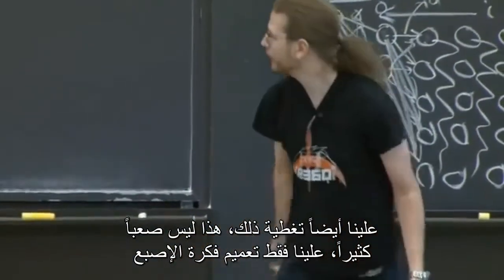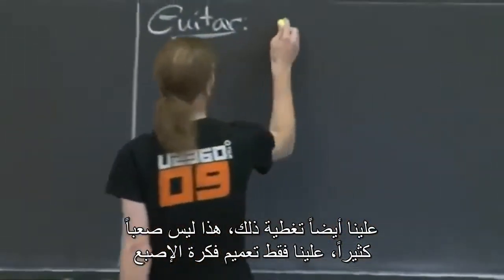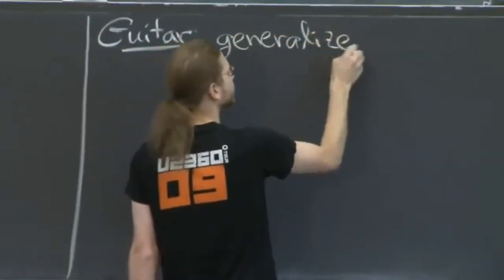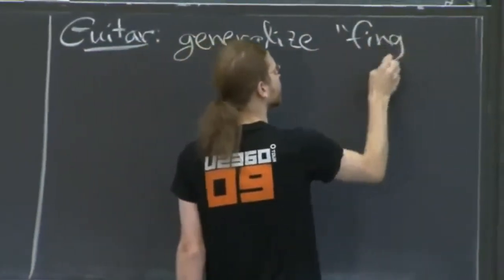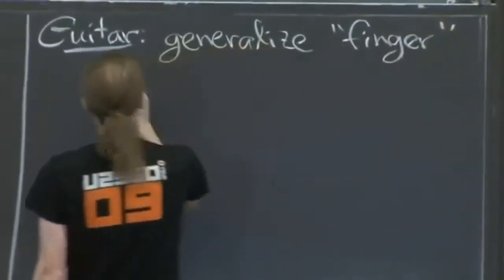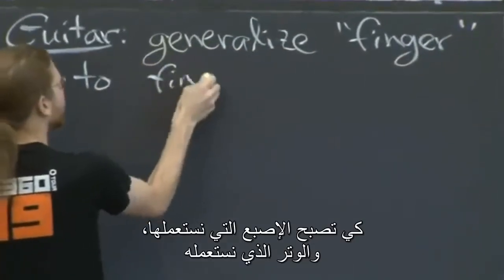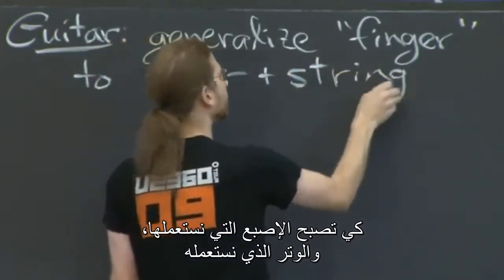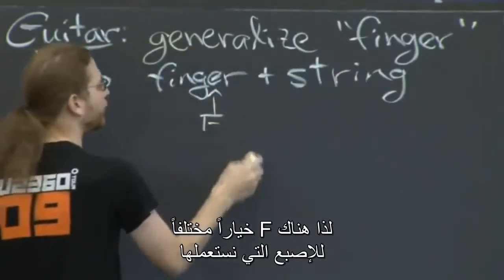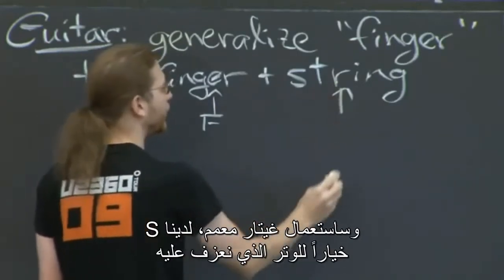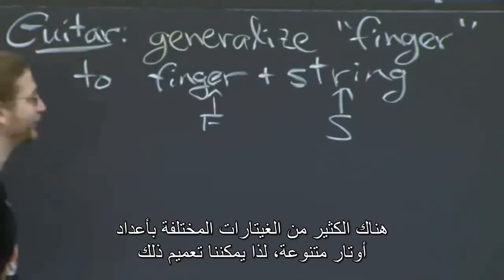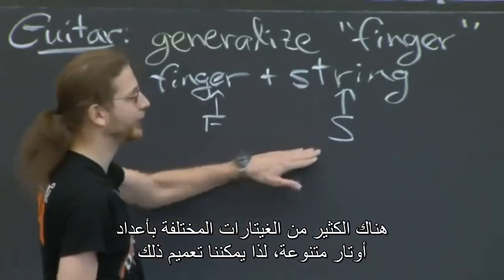That's actually not too hard. You just need to generalize the notion of finger to what finger you're using and what string you're using. So there's F different choices for what finger you're using. If you use a generalized guitar, there's S choices for what string you're playing. There's a lot of different guitars with various numbers of strings, so we can just generalize that.